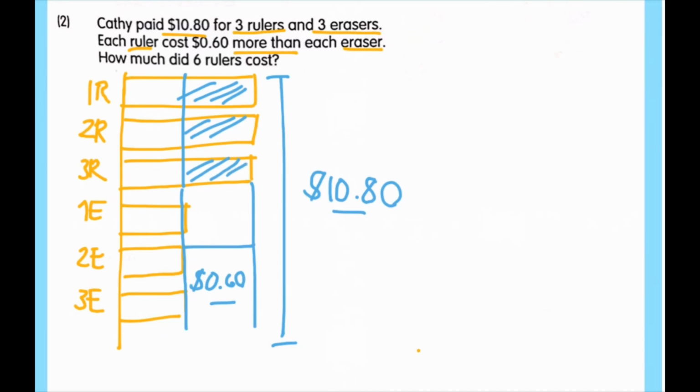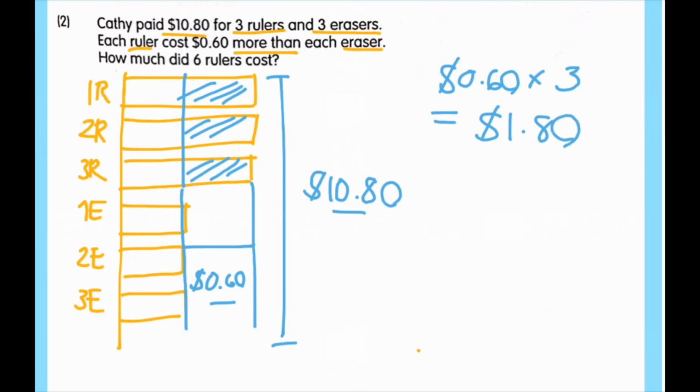So we have a total of how many? If we repeat 60 cents 3 times, I'm expecting that you're going to do your working in your journal. So the answer would be $1.80.